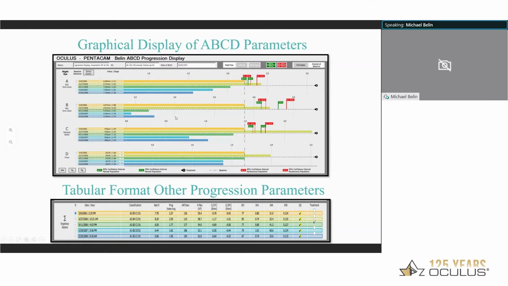In addition to this graphical display, the bottom part shows in tabular form a number of parameters: the date and hour of the exam, the ABCD classification, the overall final D reading, your progression index average, ART max, Kmax, Q values, and a number of the anterior parameters that people have looked at in the past.